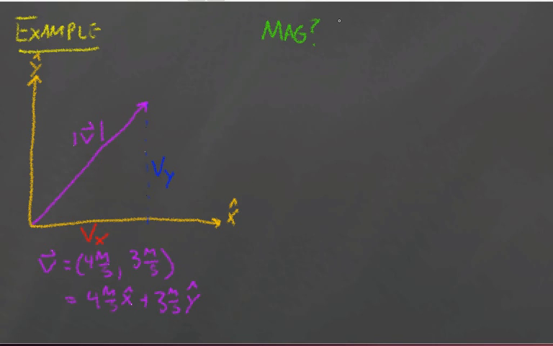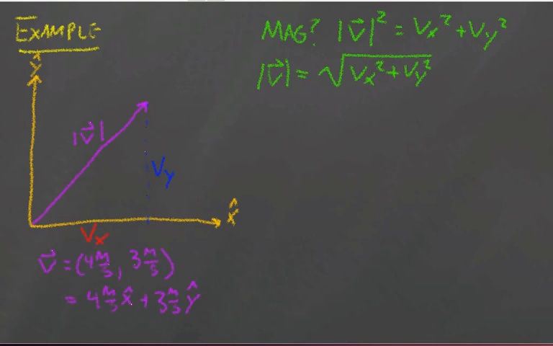Well, the magnitude, which we write like this, if we square it, we get vx squared plus vy squared, right? So the magnitude is just the length of this vector, and we're using the Pythagorean theorem, where the magnitude of v squared is equal to vy squared plus vx squared. So that's where we get this from. So the magnitude is just the square root of vx squared plus vy squared.